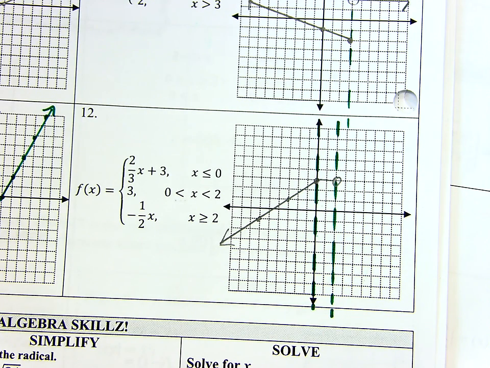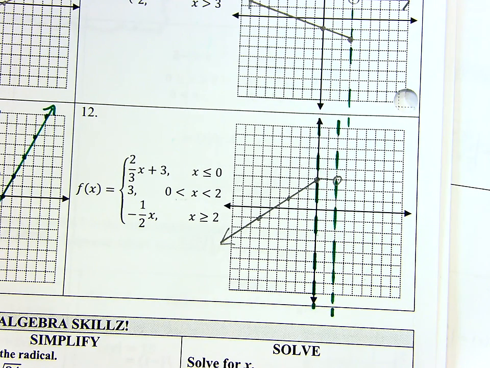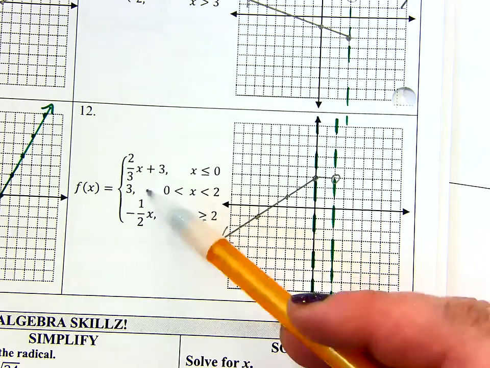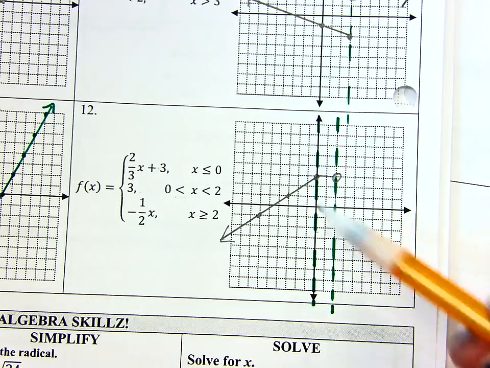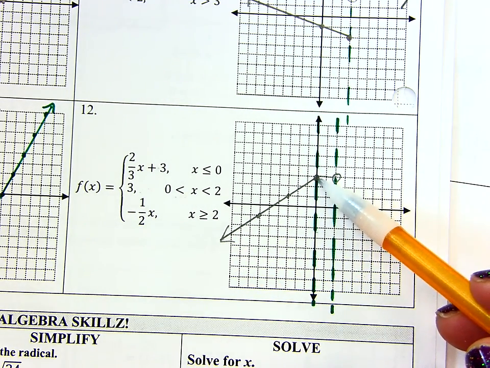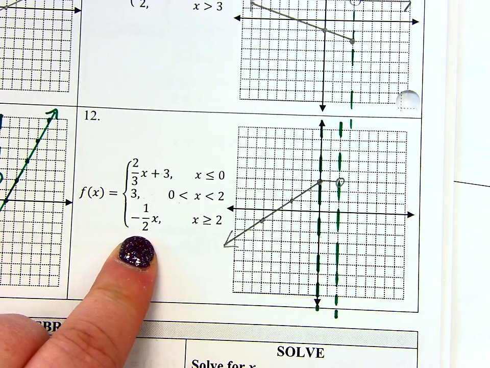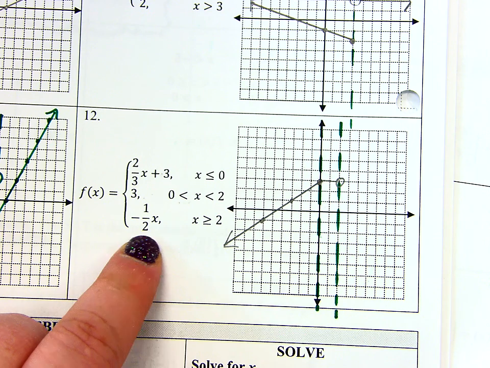When I ask you what the value of y is when x is 3, it's going to spit out the same answer for either one. So when they happen to overlap each other like that, it's totally fine.